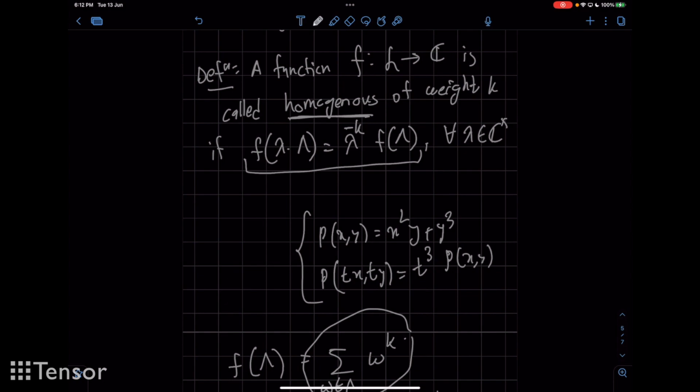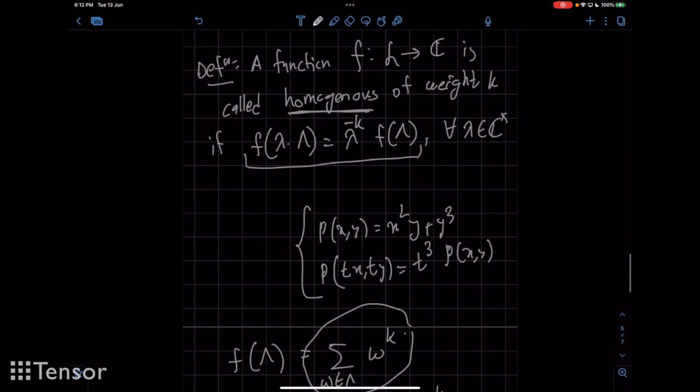So we need to edit the definition of a homogeneous function of weight k. We shall call a function homogeneous of weight k if f of small lambda times capital lambda is equal to small lambda to the power minus k times f of capital lambda. Is this definition clear to everyone? All right, so this is the definition of a homogeneous function.